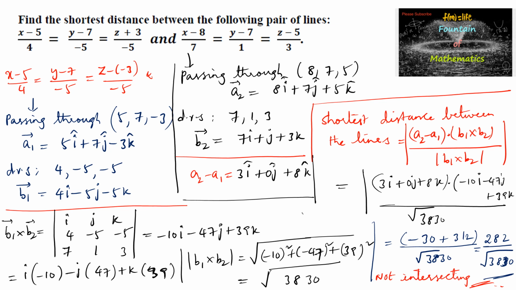Now we can also say that the direction ratios b1 and b2 are not proportional, and hence they are not parallel.